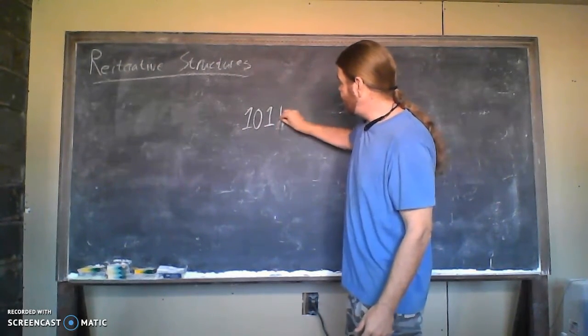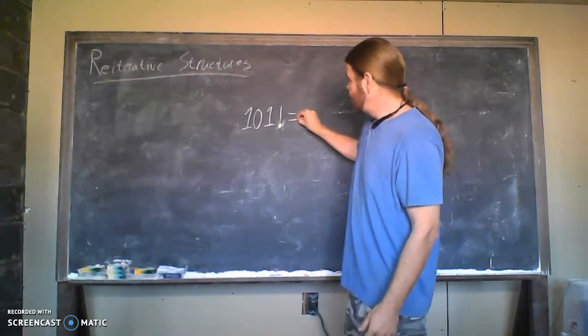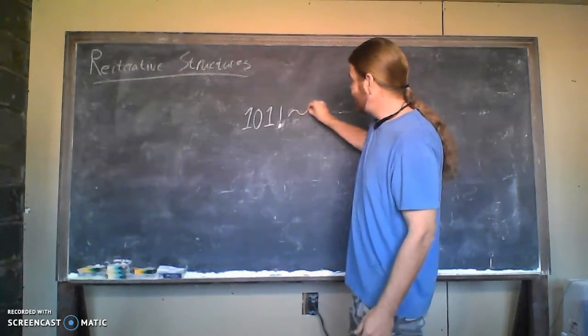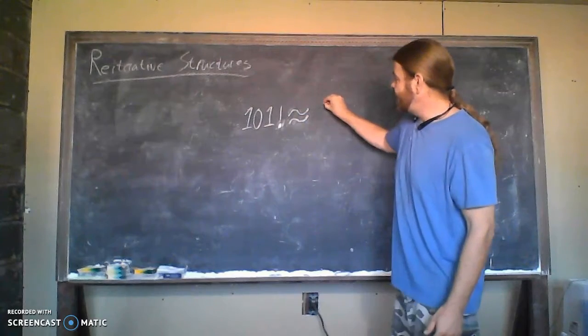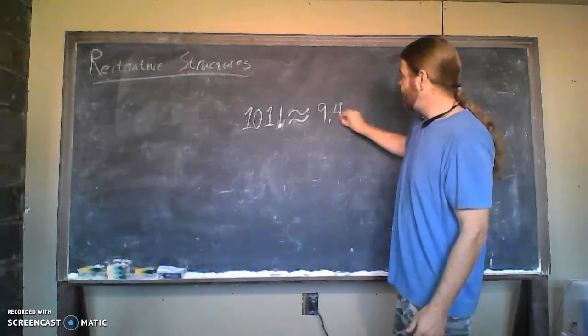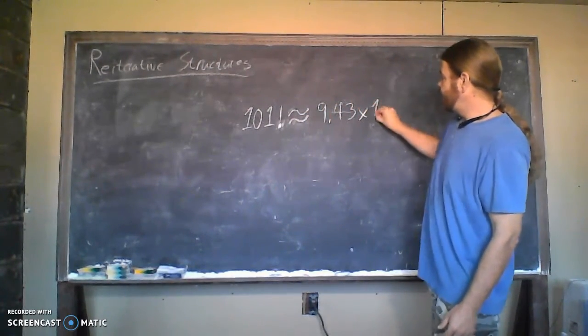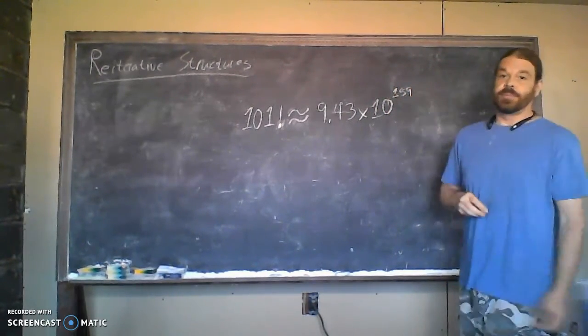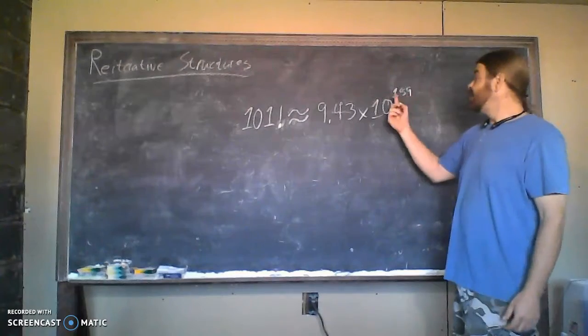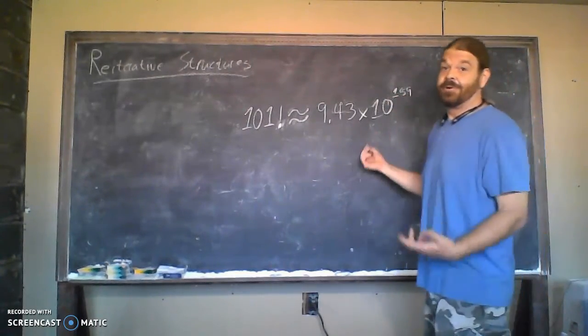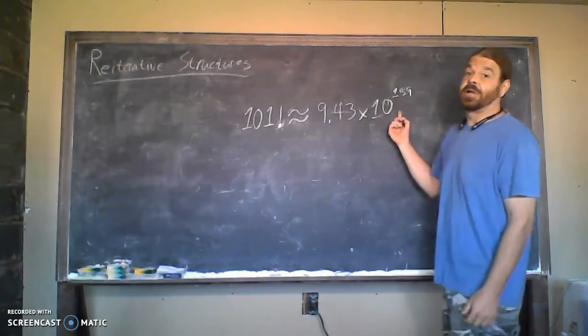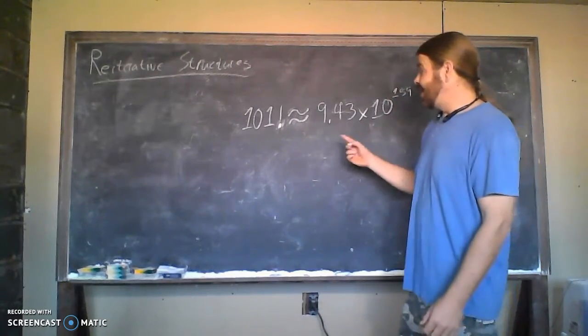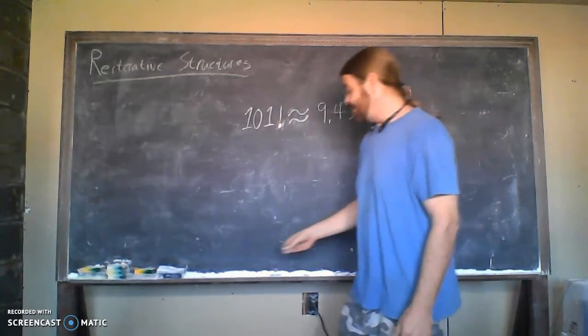But 101 factorial is approximately 9.43 times 10 to the 159th power. A huge number. This is about what we would get if we took the number of atoms in the universe and squared it. So these numbers get very, very large very, very quickly.